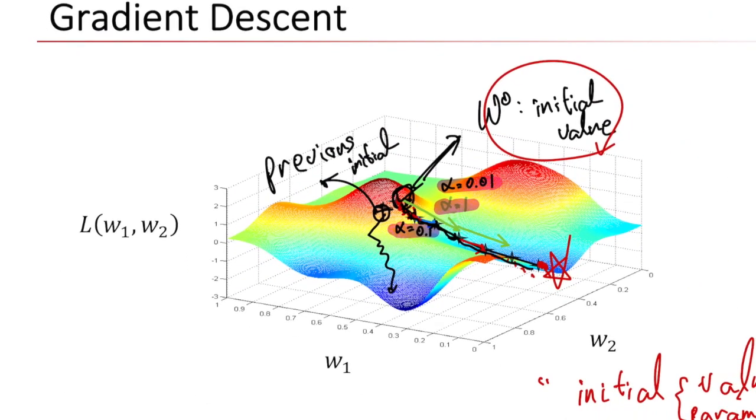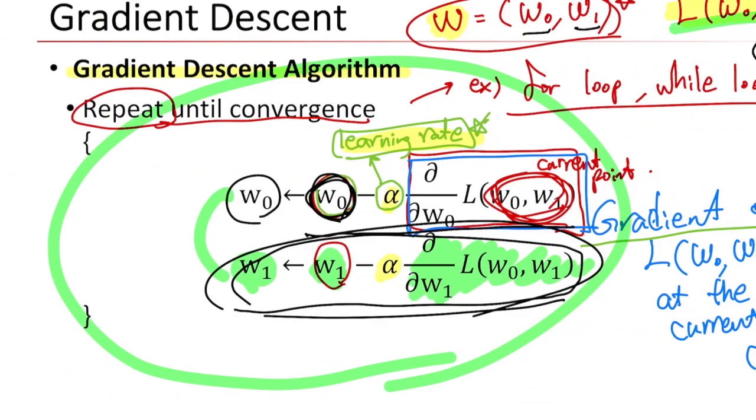That's why we carefully choose the initial parameter values when we start the gradient descent. And yeah, this is the algorithmic description of gradient descent.